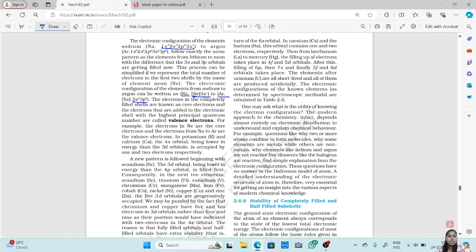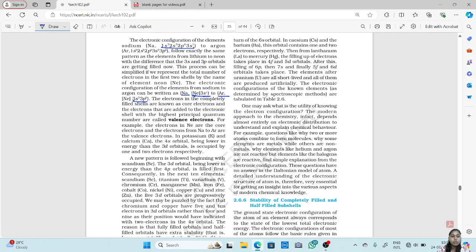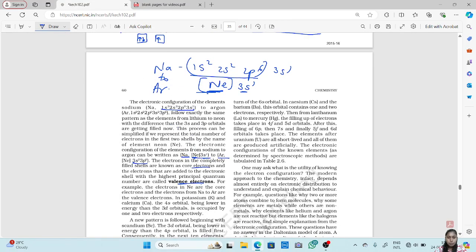The electrons in the completely filled shells are known as core electrons, and the electrons that are added to the electronic shell with the highest principal quantum number are called valence electrons. For example, if I'm taking sodium, this neon part of the electronic configuration is completely filled. The s orbitals are completely filled, and this 2p is also completely filled.